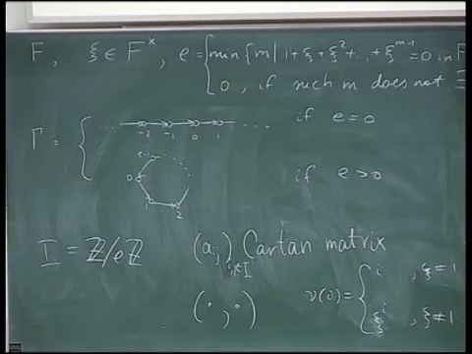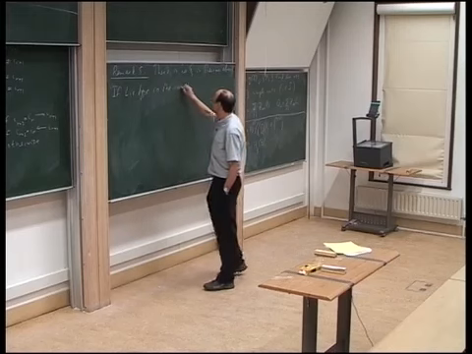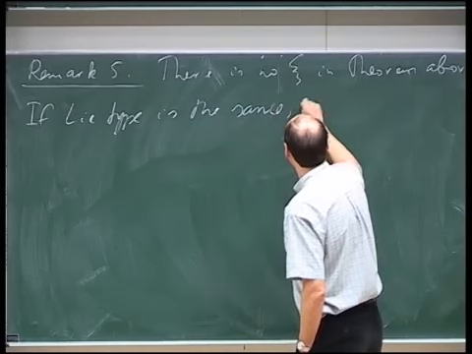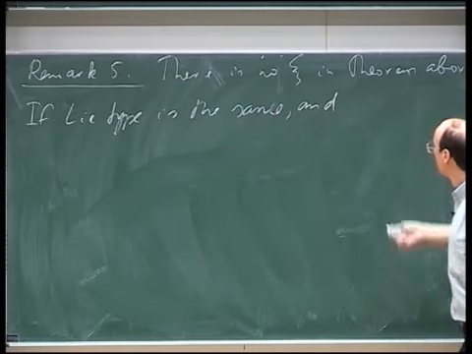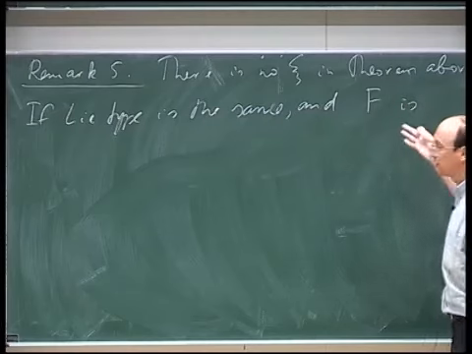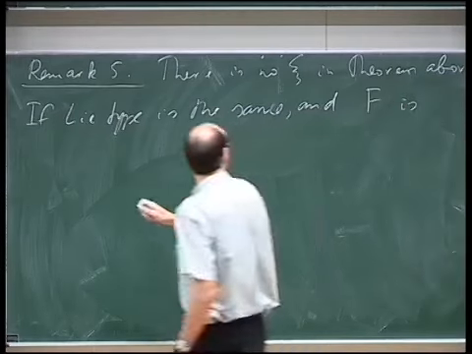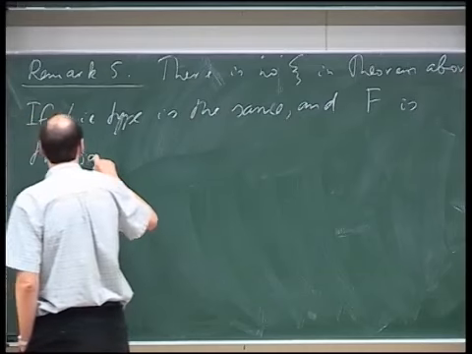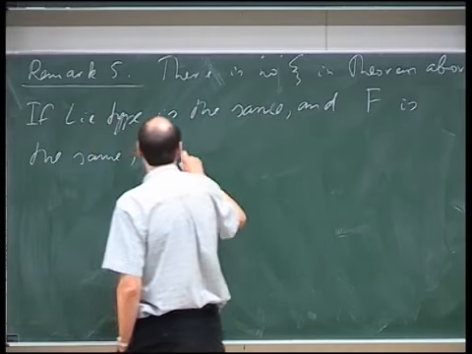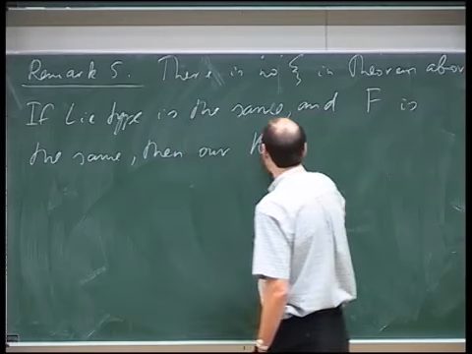It's much better than that, right? Since there is no xi in these relations, if the Lie type is the same, and the ground field, of course, is the same, otherwise I cannot have an isomorphism of algebras, then our Hecke algebras are isomorphic.